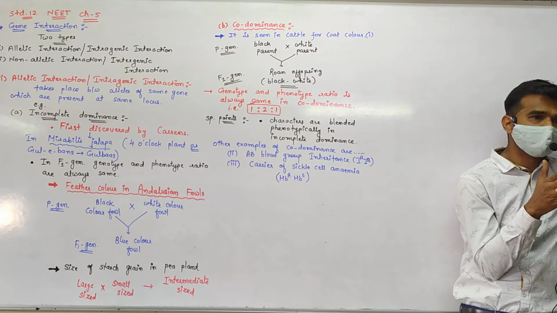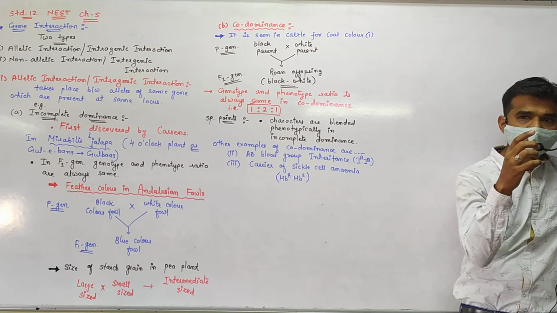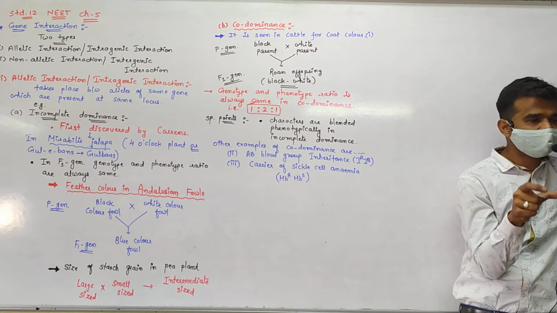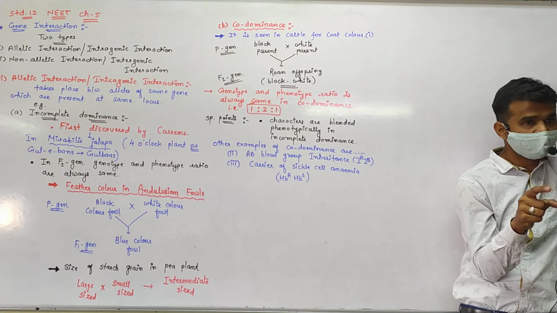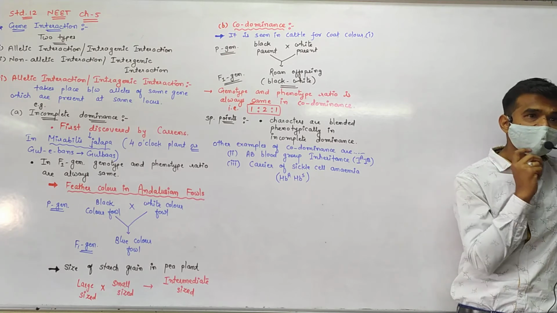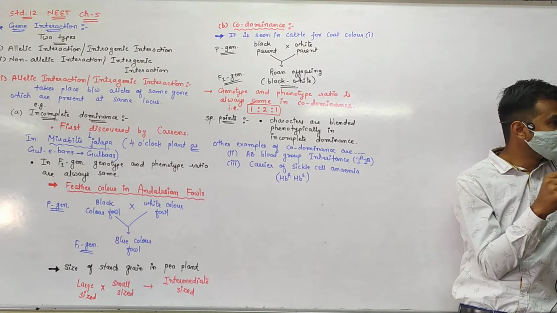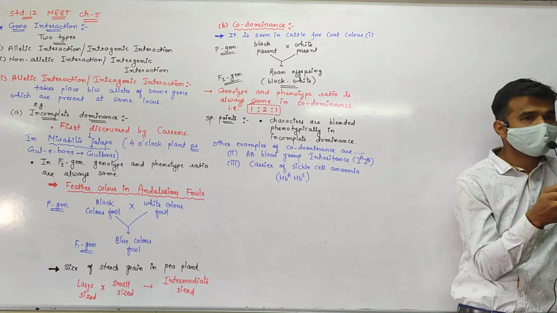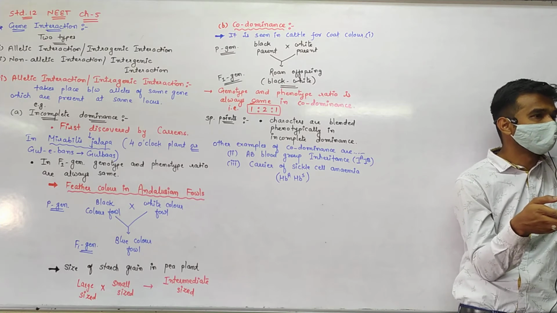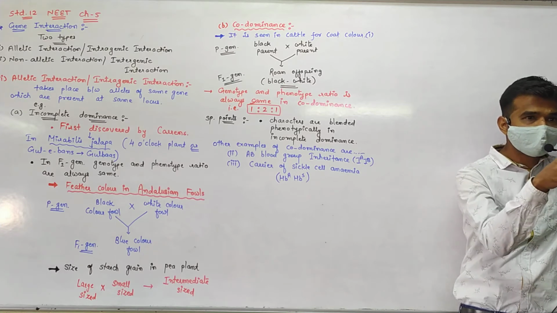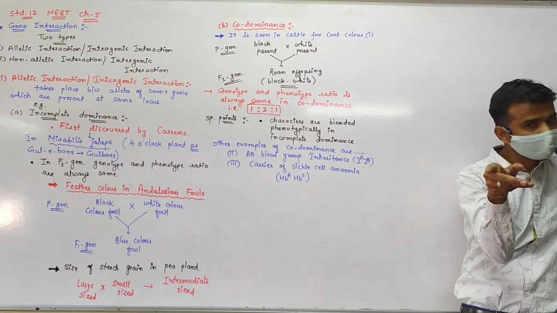So GAG, this indicates glutamic acid, becomes GUG, it indicates valine. But later on I will tell you about sickle cell anemia, but right now I will tell you that this GAG becomes GUG, so purine is replaced by pyrimidine.